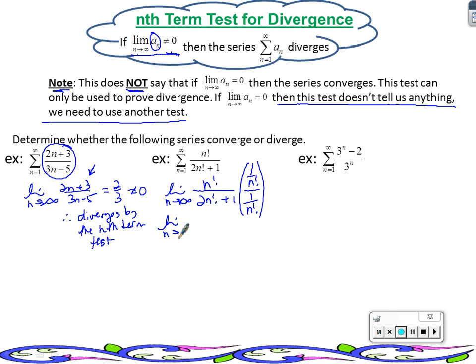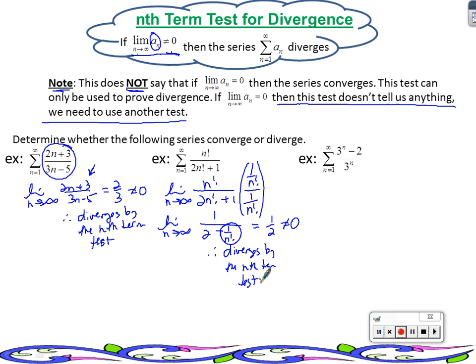So limit as n goes to infinity, I get 1 over (2 plus 1 over n factorial). What happens to this little piece right here? It tends to 0. So I'm left with 1/2. 1/2 is not 0. So, therefore, it diverges by the nth term test. Okay?